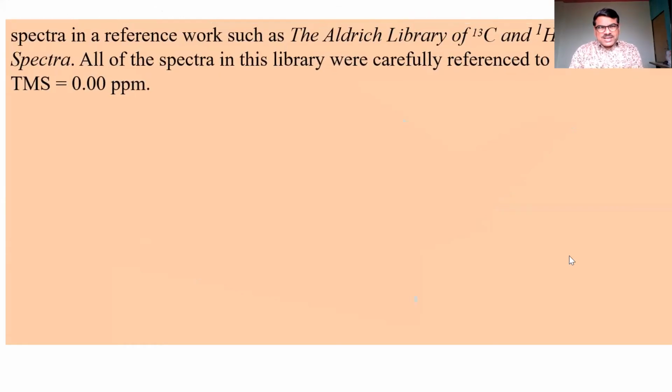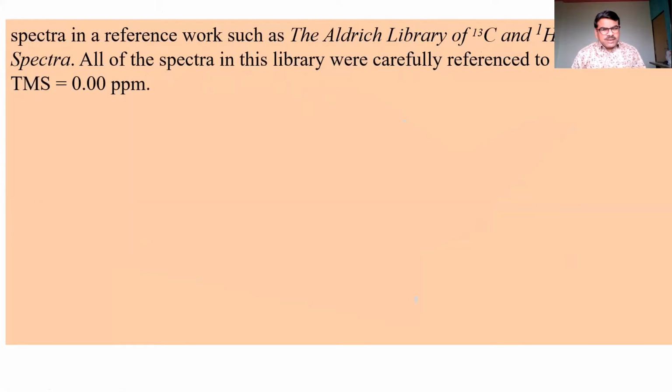When we take any reference, in that case we use the Aldrich library of C13 and H1 FT NMR spectra. All of the spectra in this library are carefully referenced to TMS equal to 0 ppm.